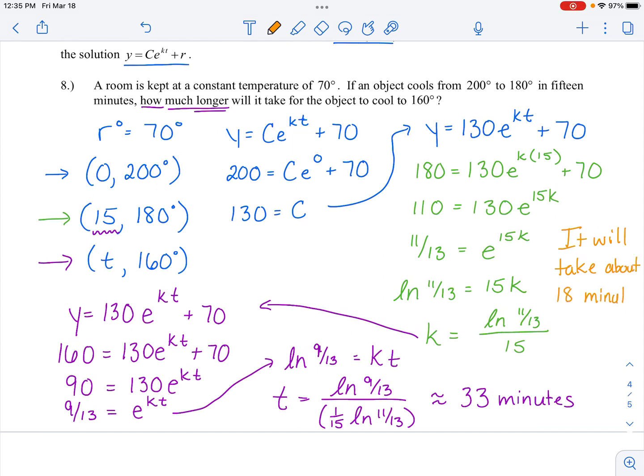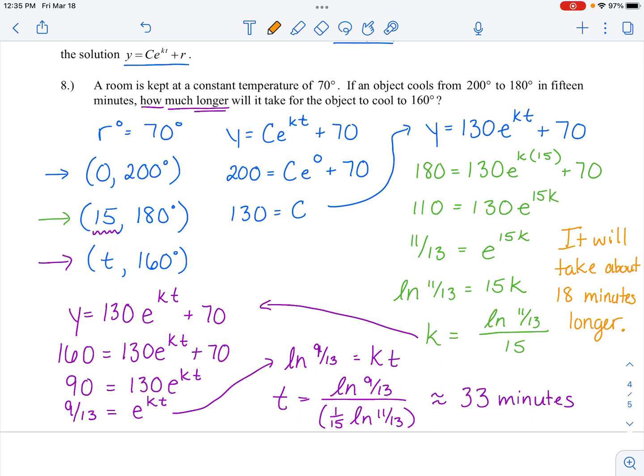Now, where did I get 18 from? 15 minutes have already gone by to get down to 180. So to go from 180 to 160, it's going to take an additional 18 minutes because 15 and 18 gets me to 33. So it's going to take an additional 18 minutes to get down to that 160 degrees.